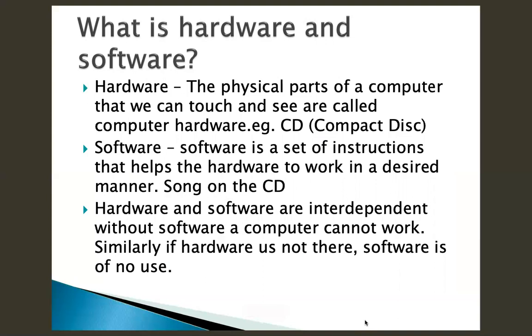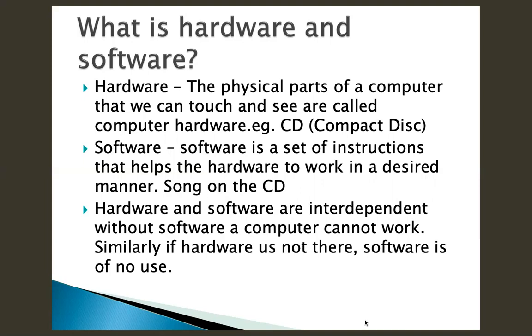The physical part of a computer that you can touch is called hardware. And the set of instructions that you cannot touch, right? But it helps the hardware to work in a desired manner. That is your software.